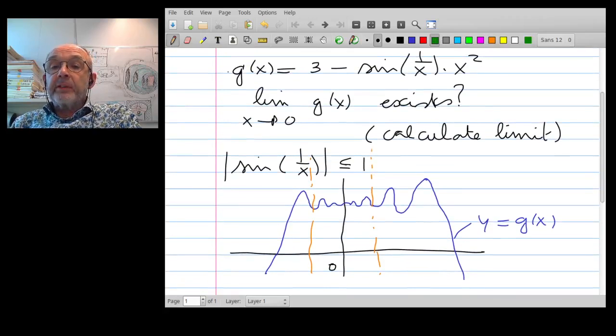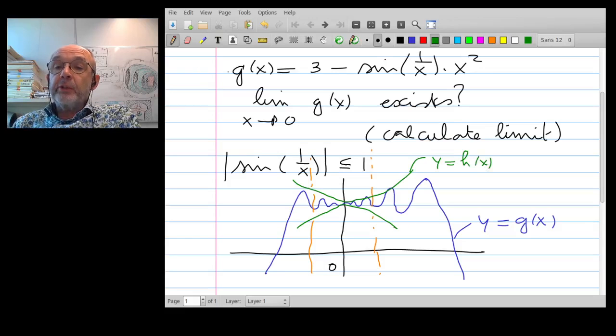If these functions are in a certain sense easy, and your function g is between those easy functions, maybe we can then also calculate the limit.